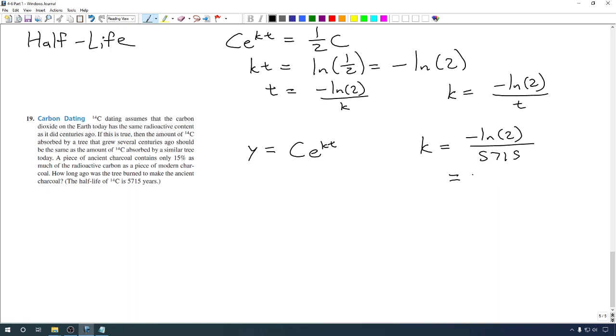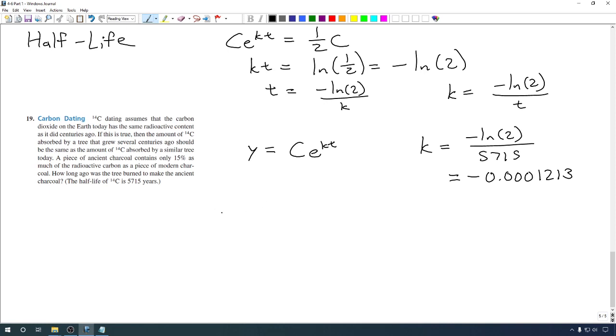And we end up with negative 0.0001213. So a half-life of 5,000 years is actually pretty big. It means we have a very small k, or at least small in a negative fashion.